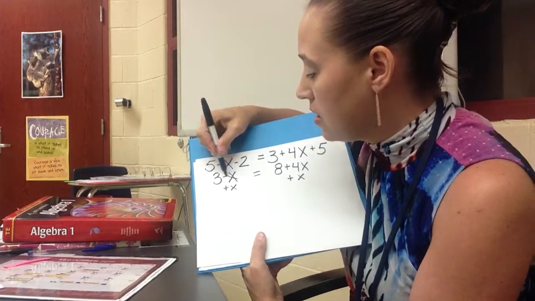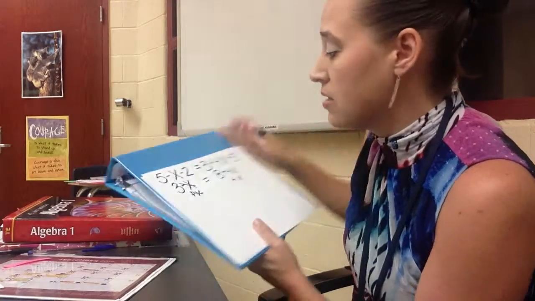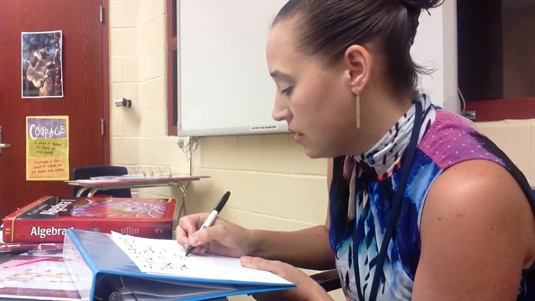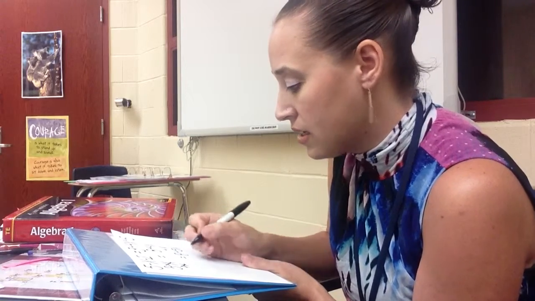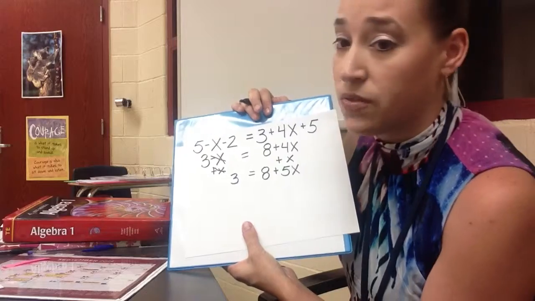Again, this will cancel this x out, okay? And this will turn this x into 5x. So now I have 8 plus 5x. So now I have 3 equals 8 plus 5x.